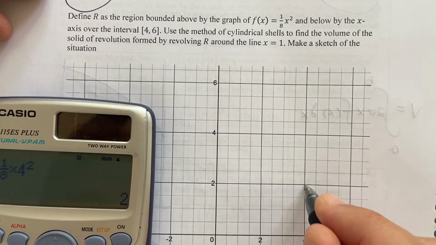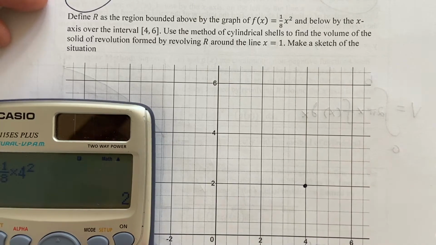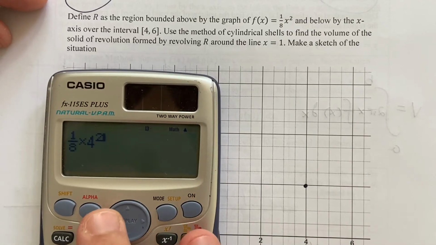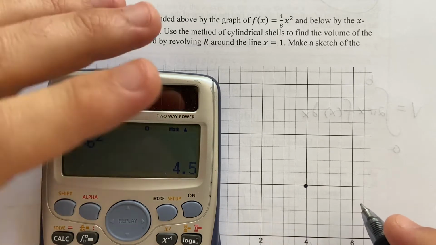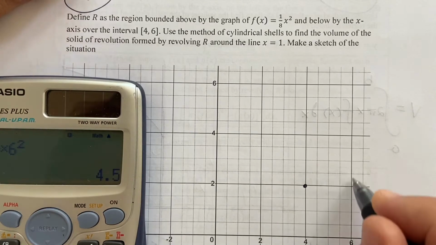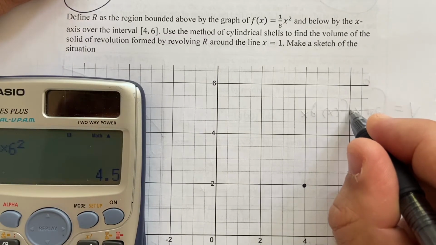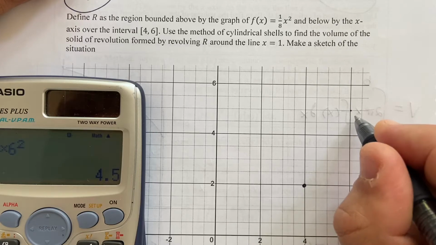So at 4, this function is at 2. And then at 6, if I replace that 4 with a 6, we get 9/2, so 4.5. So this would be 5, right? This would be 4.5.